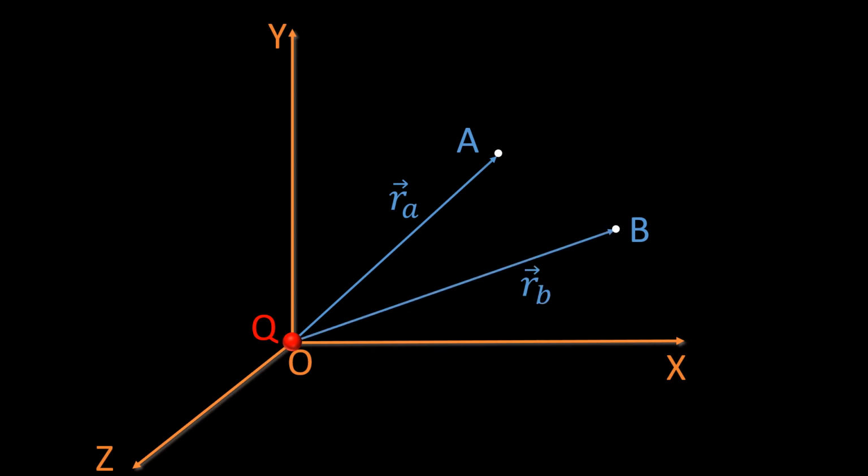So if I come from infinity to point A with my test charge small q, I will need to do some work, and that work done per unit charge is the potential of this charge at this point, isn't it?